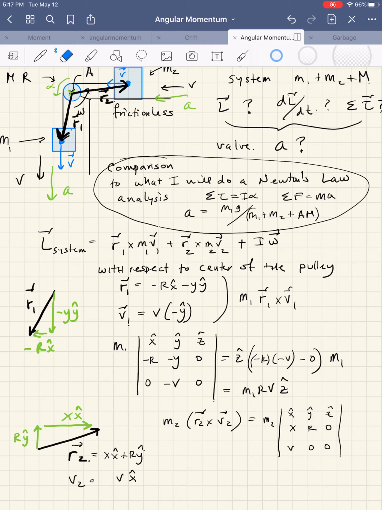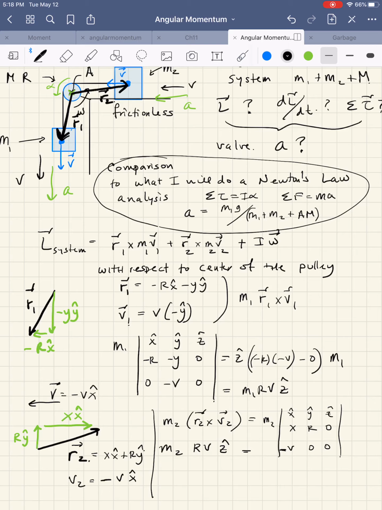V is actually pointing this way, so it's minus v x hat. Excuse me. Let me not mess that up now. And when this is all said and done, this whole thing is going to equal m2 r v in the positive z hat.